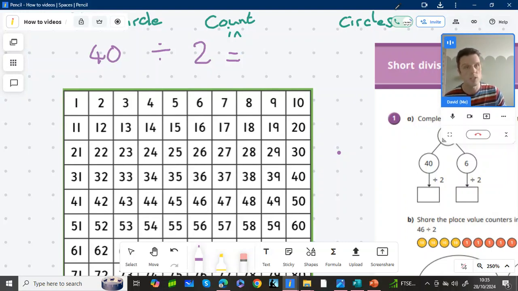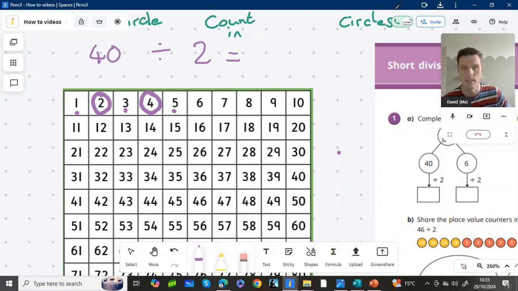So what we're going to do is count in 2s, and every second number, I'm going to draw a circle. But as I'm counting, I put a dot. This is really useful when we do more complicated divisions with remainders. So watch this. 1, 2, slight error there, sorry.